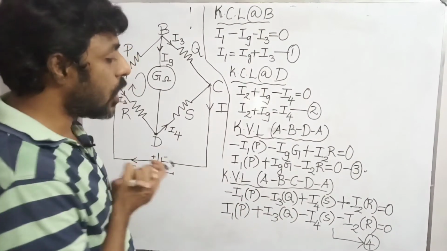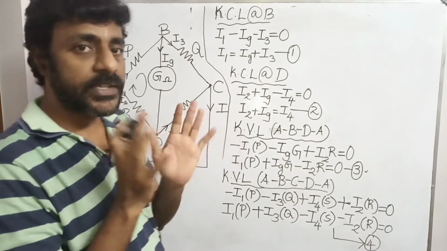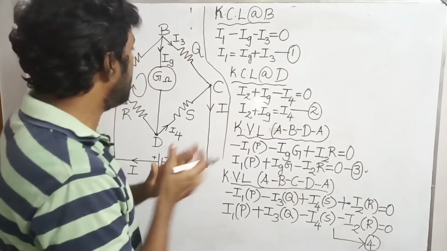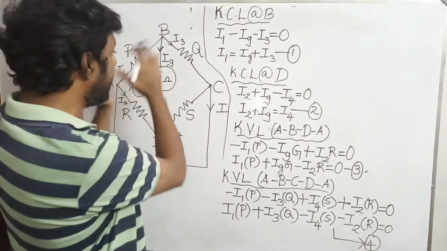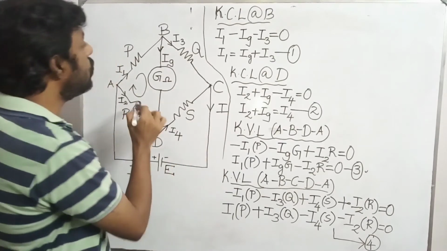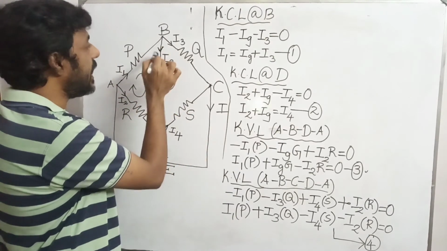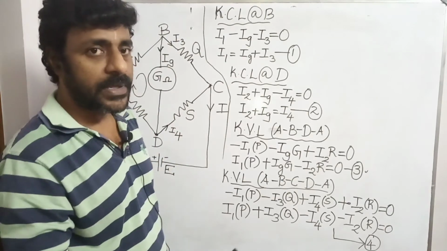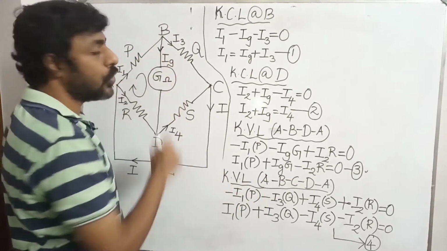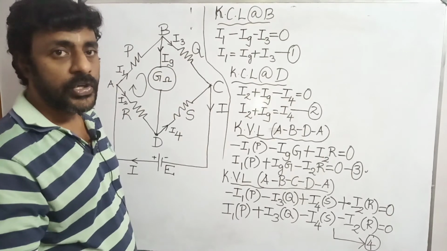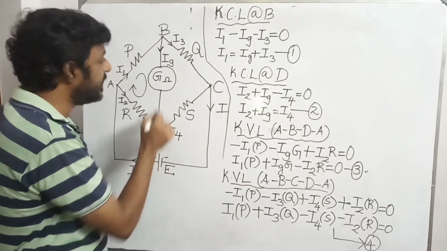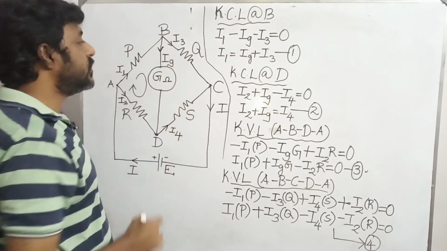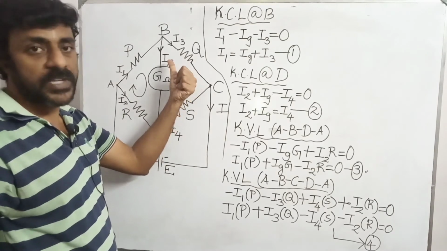Now the important thing we have to do is analyze the circuit. Right now we have assumed that a current Ig flows through the galvanometer. So what will happen if the current does not flow inside the galvanometer? If the current does not flow in the galvanometer, the value of Ig will be 0.